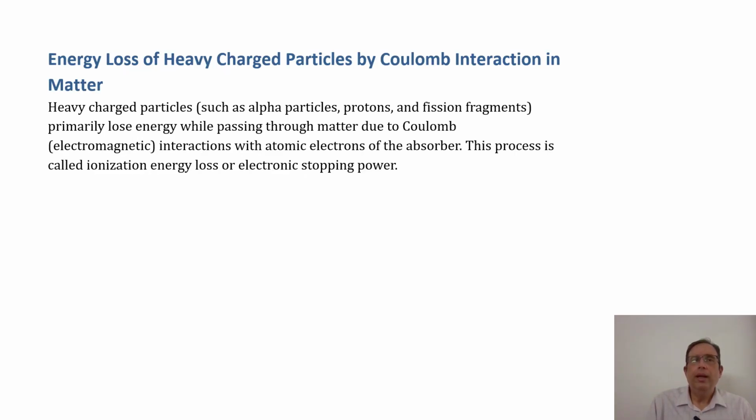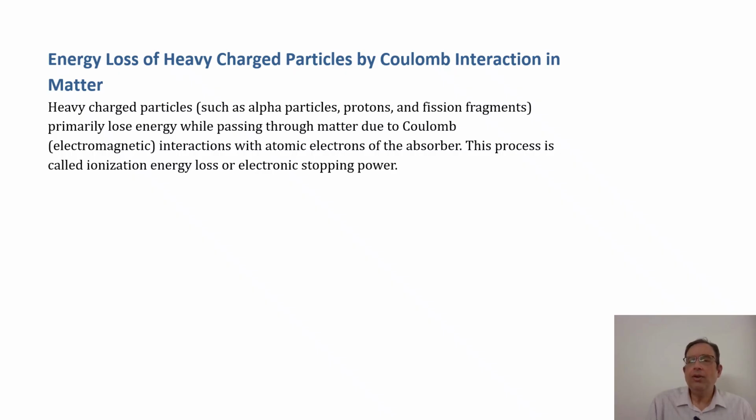So energy loss of heavy charged particles happens by Coulomb interaction with the matter most of the time, and most of the time it is with the electrons of the material, and this process is called ionization energy loss, because in the process the atoms of the medium are ionized.